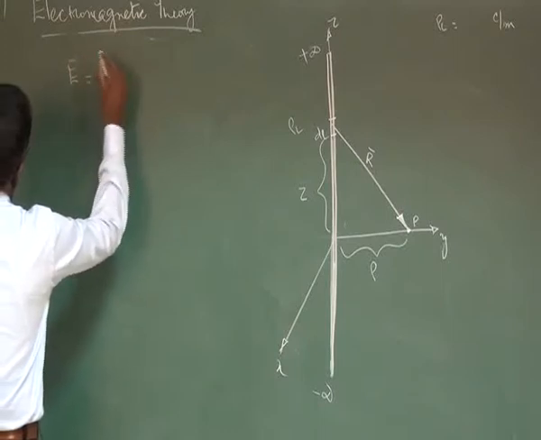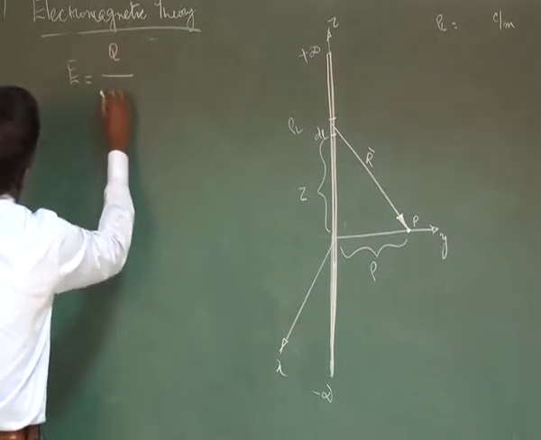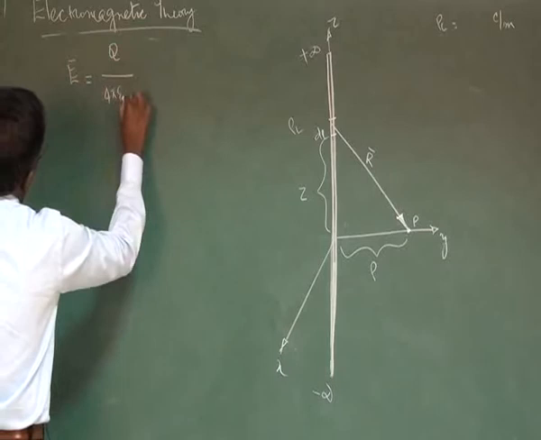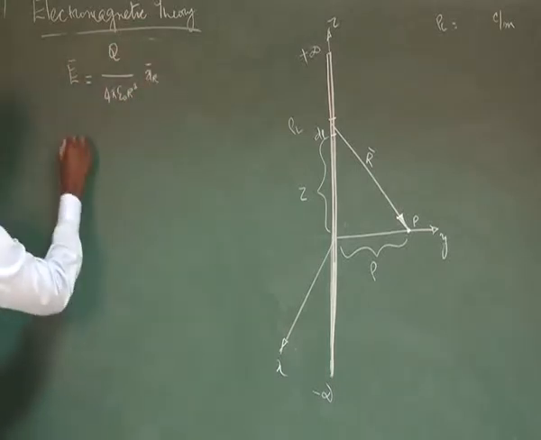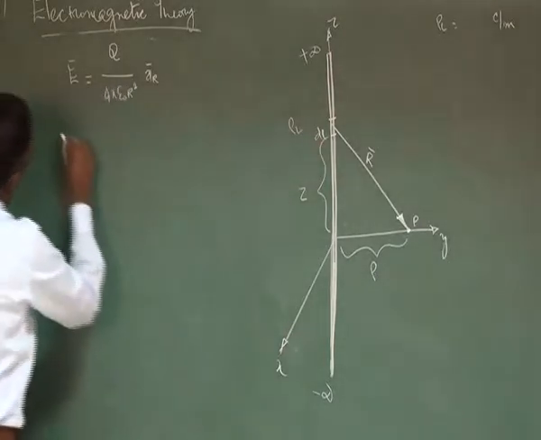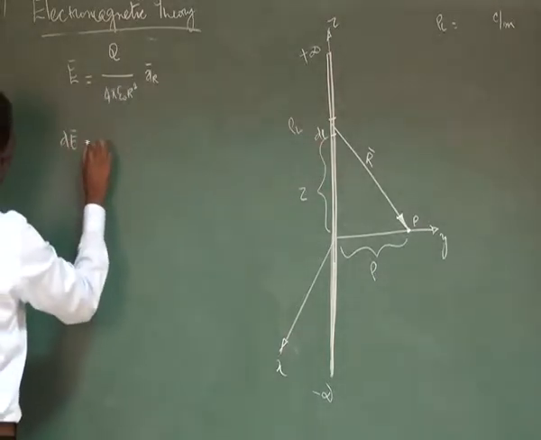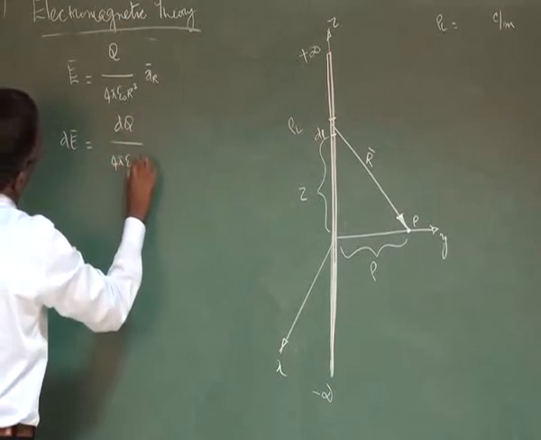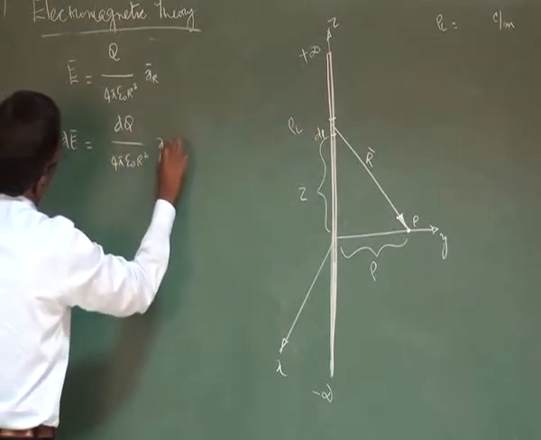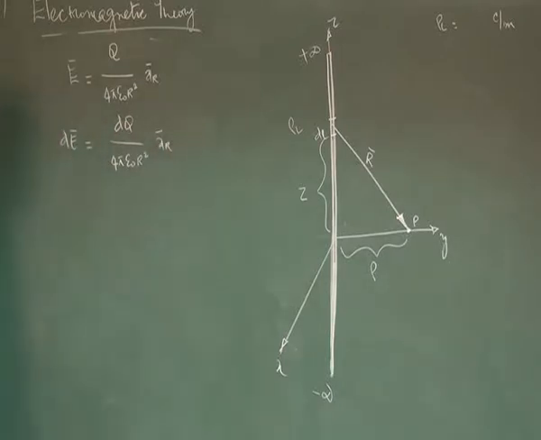So we know E bar is equal to Q divided by 4 pi epsilon O r square a r bar, right? Since I have taken dl, I will write it as dE is equal to dq divided by 4 pi epsilon O r square a r bar, right?